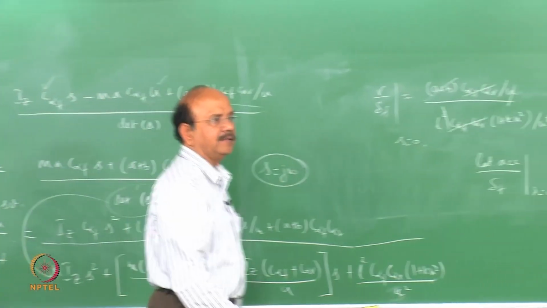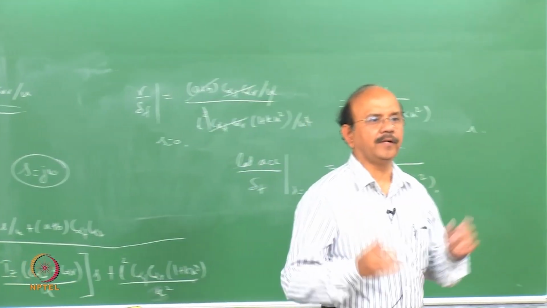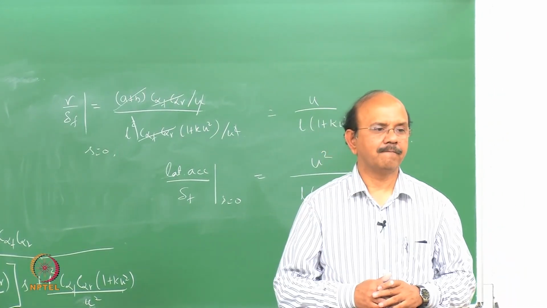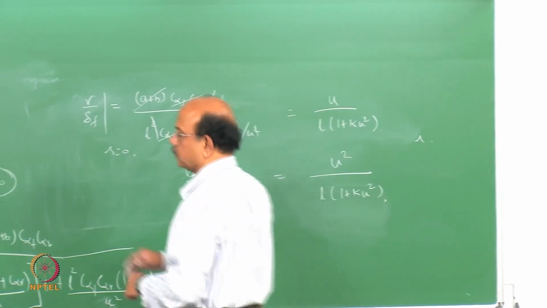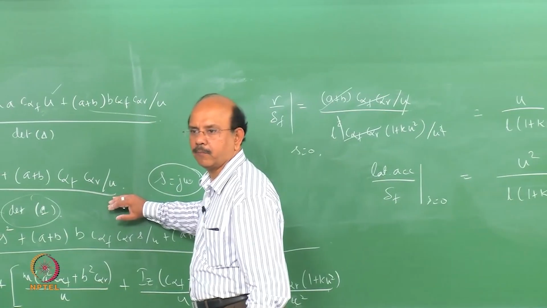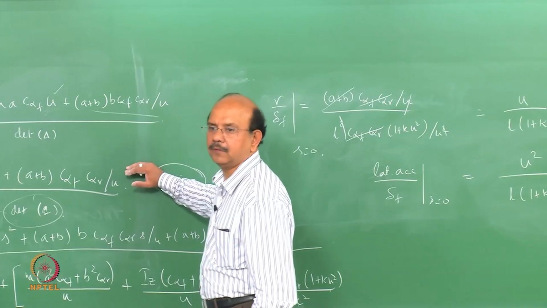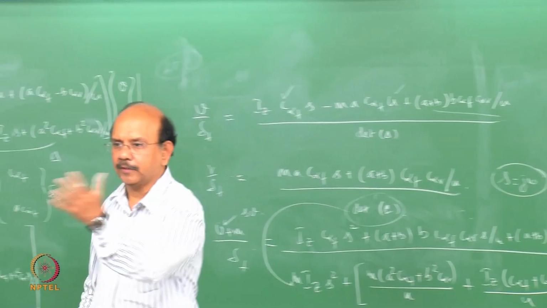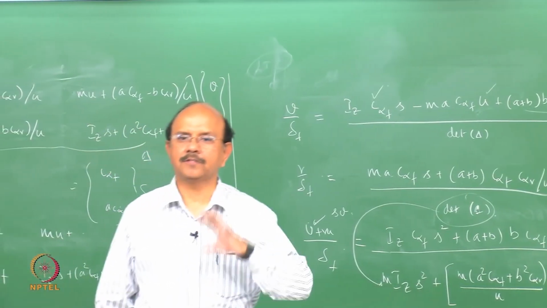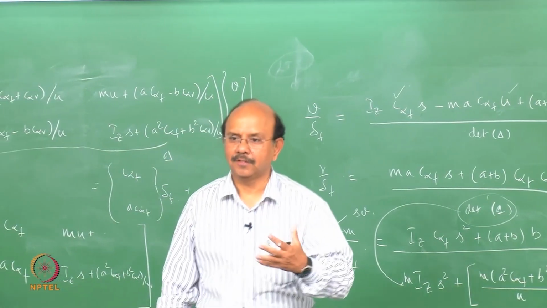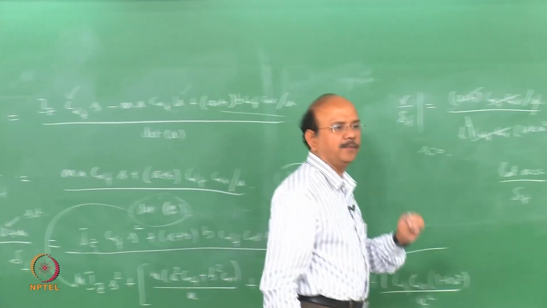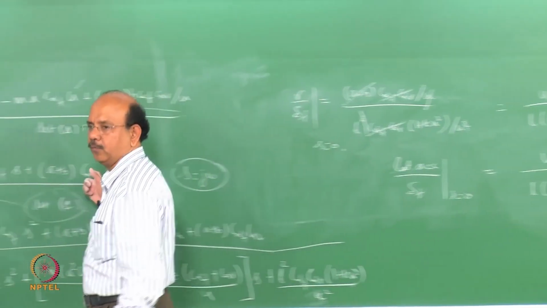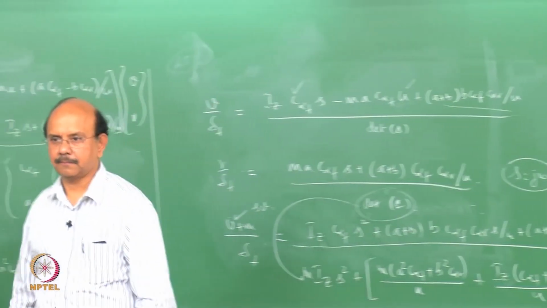So the numerator and the denominator have interesting properties. When the numerator is equated to 0, what did you get? Zeros. So poles and zeros are obtained by equating the denominator and the numerator to zero.